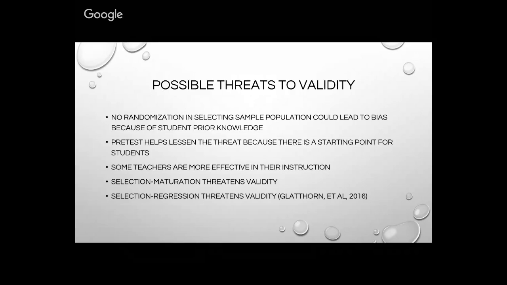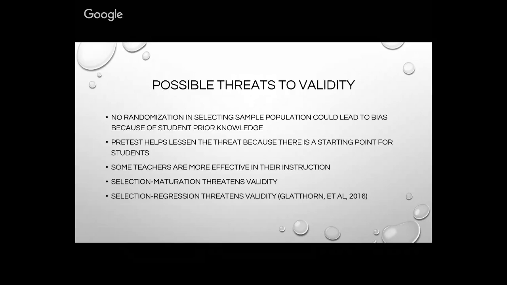Another possible threat to validity would be the teachers. Unfortunately, some teachers are less effective than other teachers. So when you're looking at different classes and different schools, there's all kinds of teaching styles that are being involved here. Not every teacher is the same.